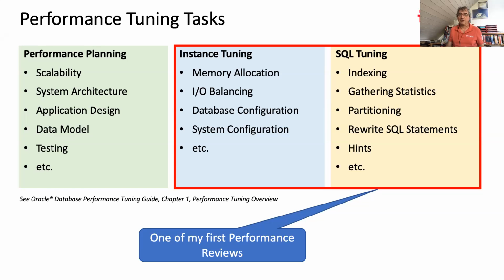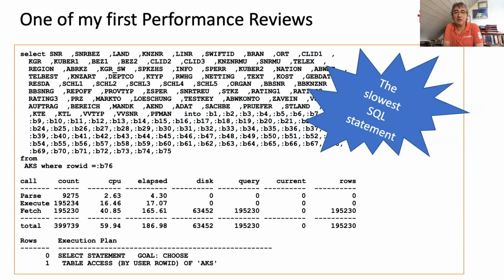At this time, one of the first things I did was a SQL trace, and then with tkprof I found out that this statement here, for example, is the slowest statement running in this database. It was running for around 3 minutes, but actually it's not executed once.